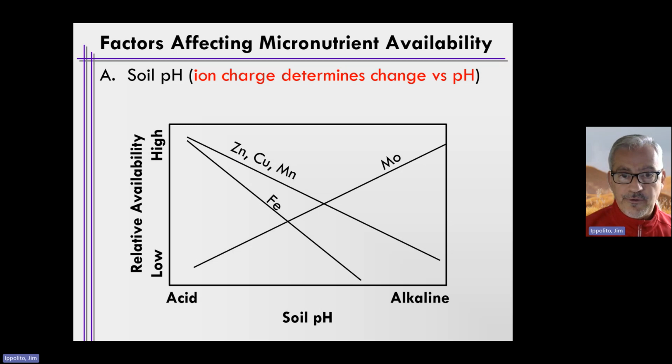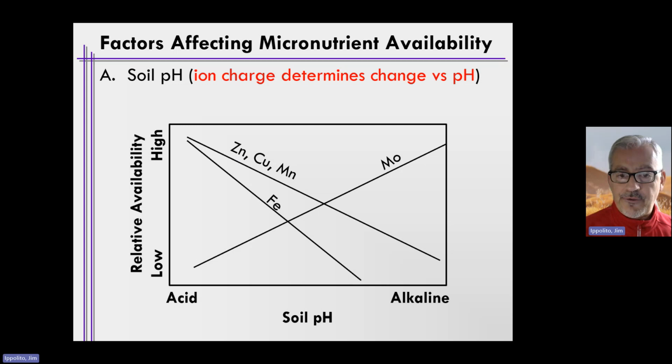So for every 1 unit pH decrease, zinc, copper, and manganese increase 100-fold. The opposite is also true: if you increase the pH of a soil by 1 pH unit, the availability of zinc, copper, and manganese decreases 100-fold.